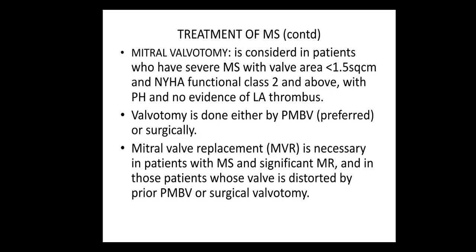It is either done by PMBV, that is percutaneous mitral balloon valvotomy, or you can undertake it surgically. So PMBV is the preferred procedure which can be undertaken in a cath lab. Only those patients who have calcified valves may require surgical valvotomy.